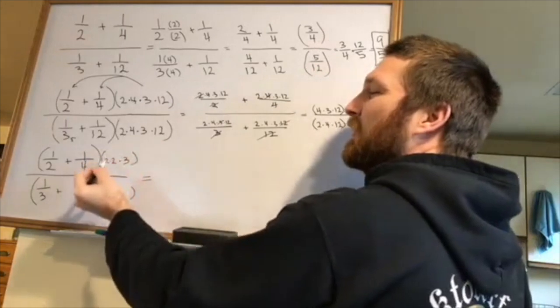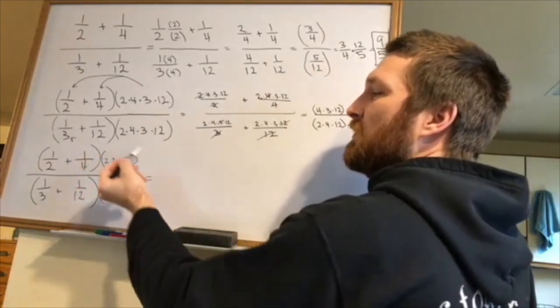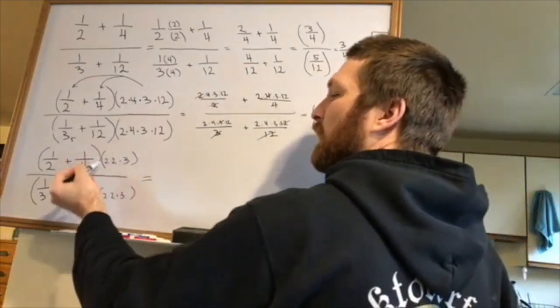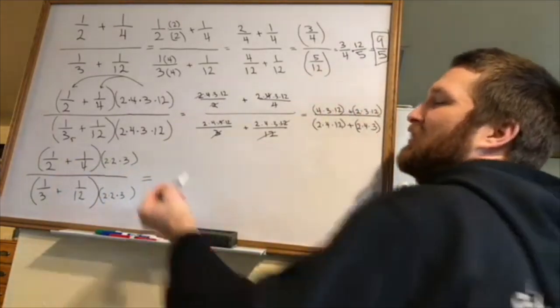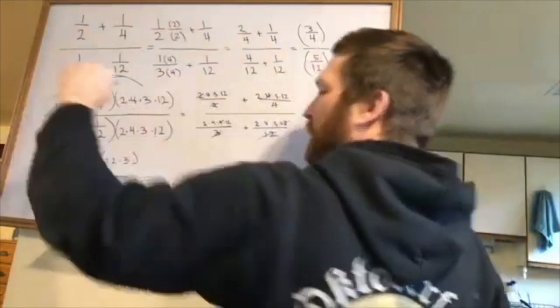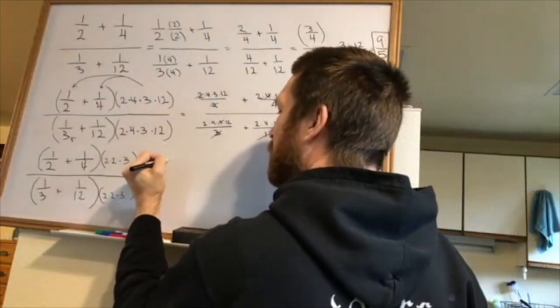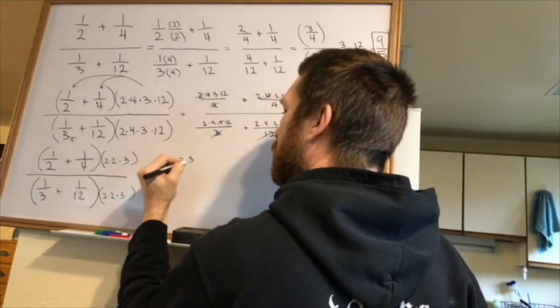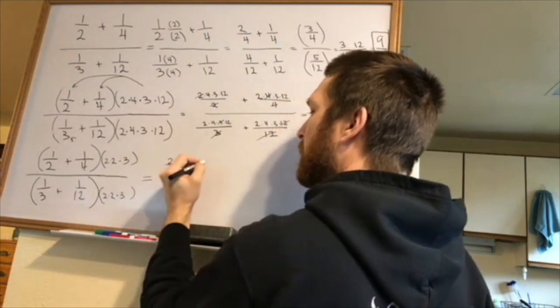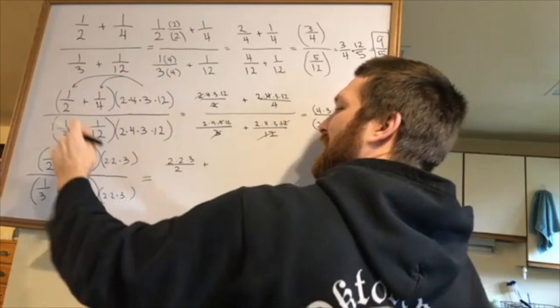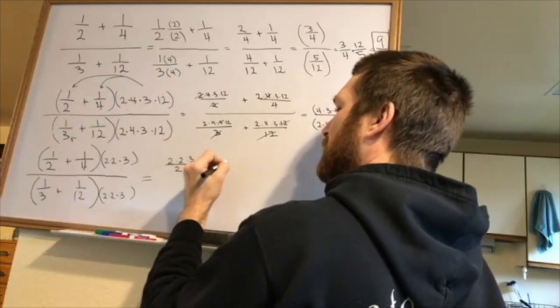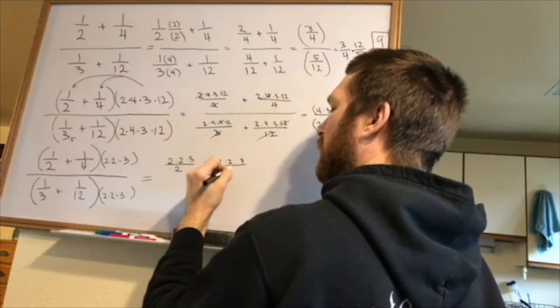So now let's go ahead and distribute this, right? This number, 12, written in a way that helps me out, jumps over and hits the 1/2, and we get 2 times 2 times 3 all over 2. This number jumps over and hits the 1/4 to give me 2 times 2 times 3 all over 4.